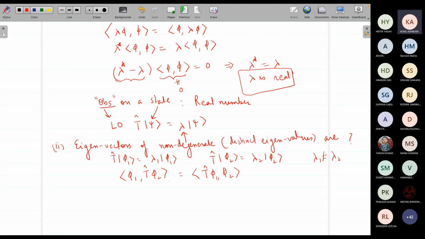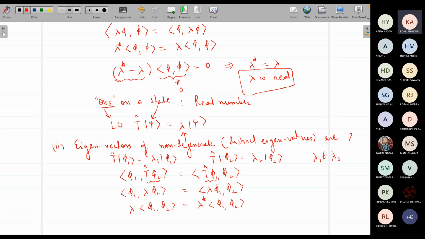Then just put the eigenvalue equation here. So it will be phi 1 comma lambda 2 phi 2, and this one will be lambda 1 phi 1 comma phi 2. Use the inner product space principles, so lambda 1 times phi 1 comma phi 2 is equal to lambda 1 star phi 1 comma phi 2.